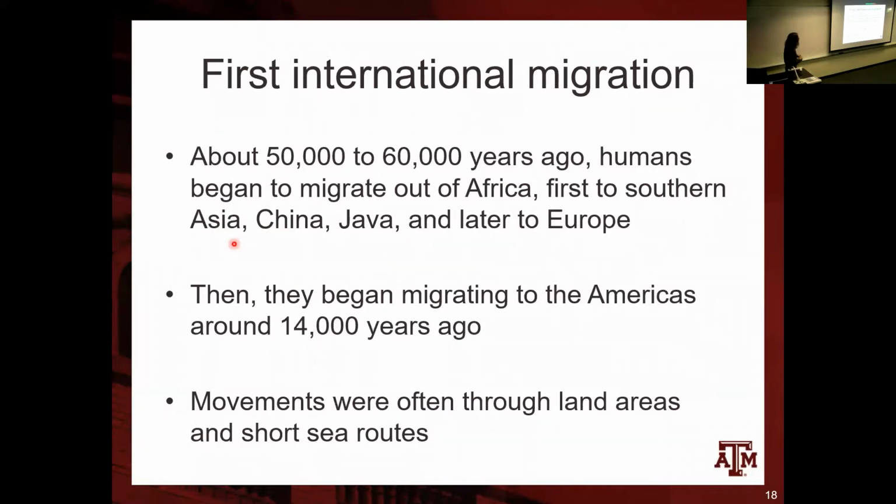About 50 to 60,000 years ago, humans began to migrate out of Africa, first to Southern Asia, China, Java, and later to Europe. And then they began migrating to the Americas about 14,000 years ago. So Native Americans came to the US around 14,000 years ago. And then in the 1400s and 1500s, that's when the Europeans came. These movements were all through land areas and short sea routes.